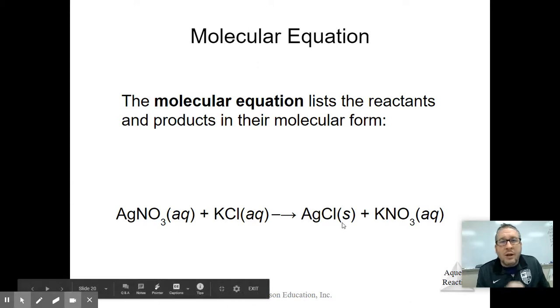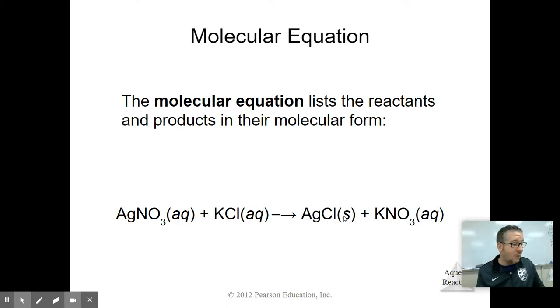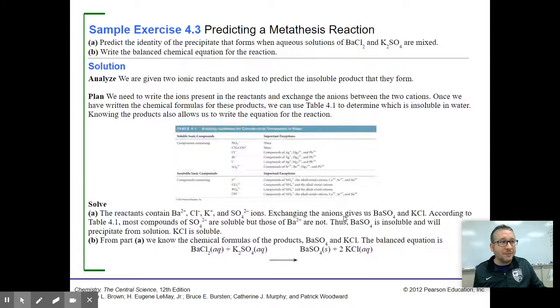So when we do this in a precipitate reaction, in a metathesis reaction, solids do not dissociate. That's going to be a big hint into what we're getting ready to look at. Anyway, we're going to take this equation that we see on our screen, and we're going to use it to create our net ionic equation.